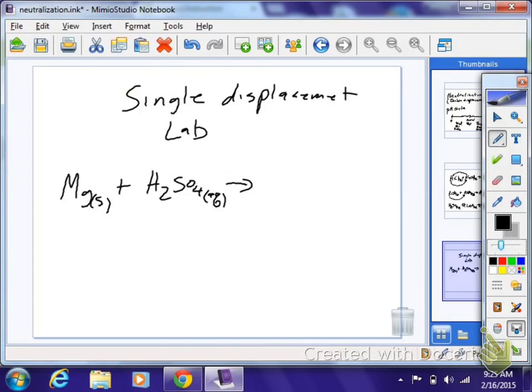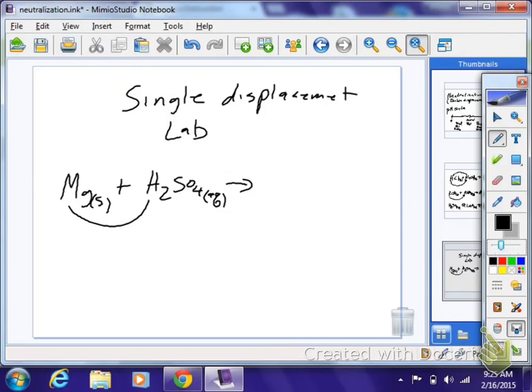So did we have a reaction in that part of our reaction table? When you read across the top, magnesium is not going to go with magnesium nitrate. But when you put magnesium with H2SO4, did you get a reaction? Yes. So then we do a single displacement.